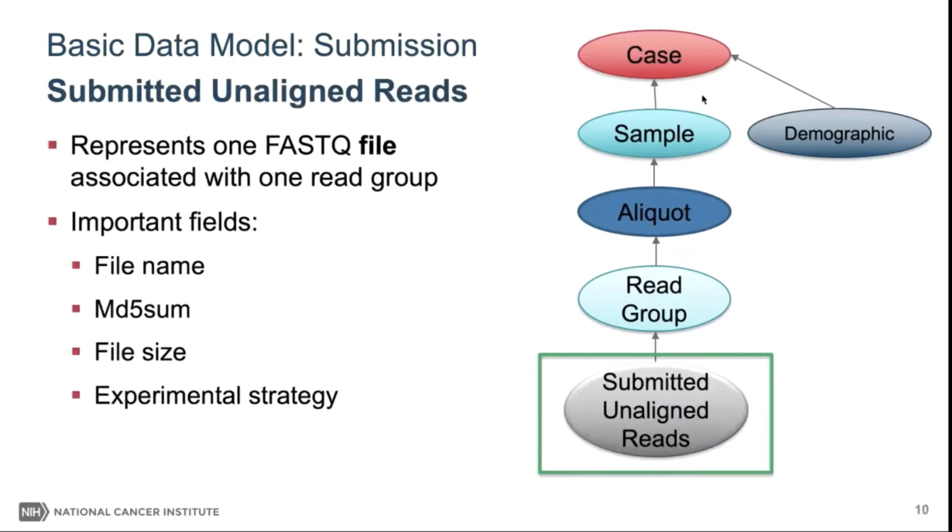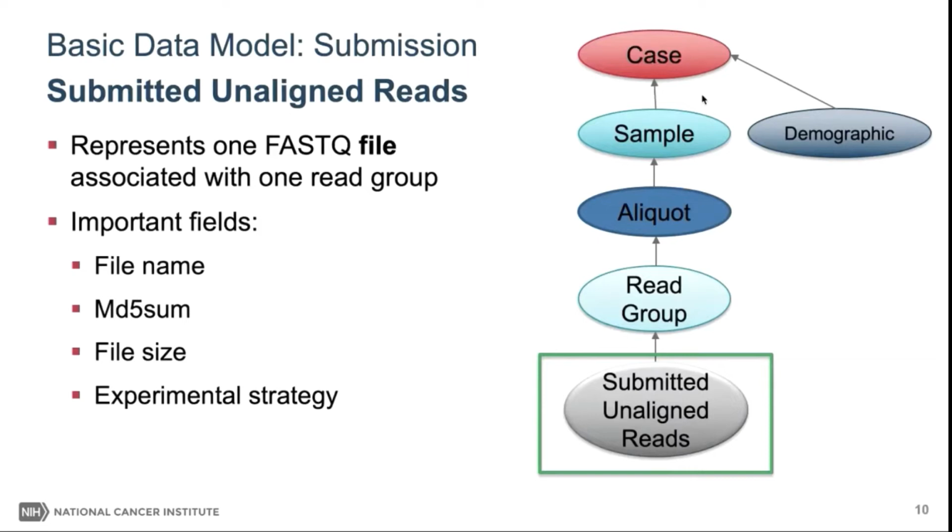Lastly, on this basic data model for the submission portion is the submitted unaligned read. This one's different from the others in that it represents one FASTQ file associated with one read group. Now, I bolded the word file there because this is the first entity that we've been looking at that actually represents a file.